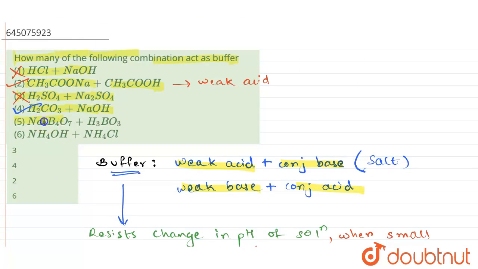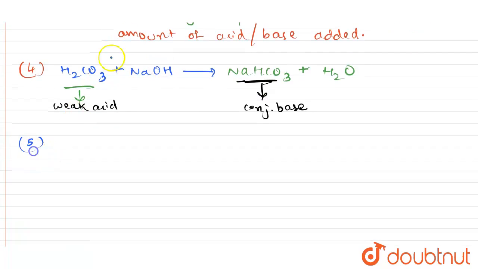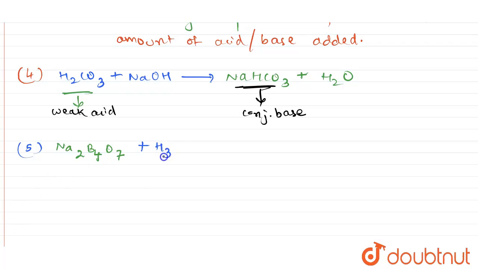We have the fifth one, which is Na2B4O7 plus H3BO3. Here H3BO3 is the weak acid, and Na2B4O7 is the conjugate base of that, which is a salt, sodium salt of B4O7.